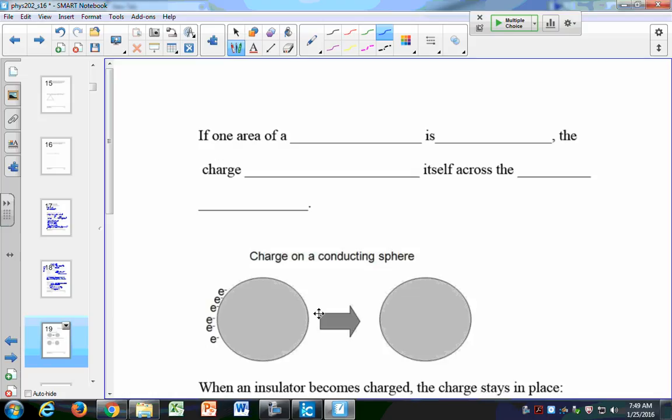Okay, so back to charging, how things become charged. If one area of a conductor is charged, then the charge distributes itself across the entire surface, or volume.